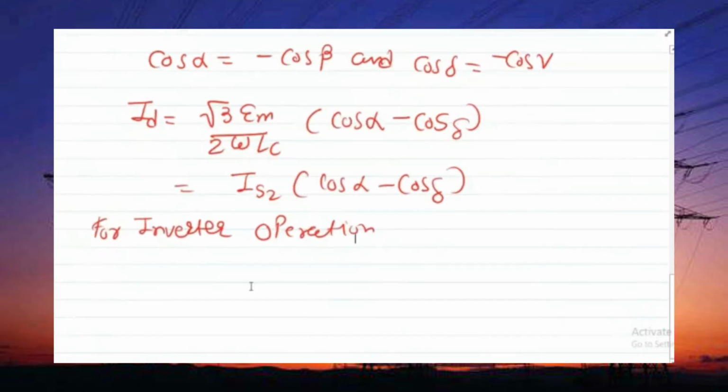Your value of DC current, which is ID, is equal to IS2 into bracket cos gamma minus cos beta.